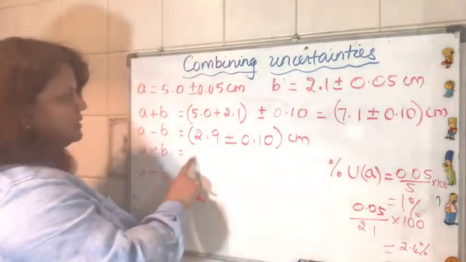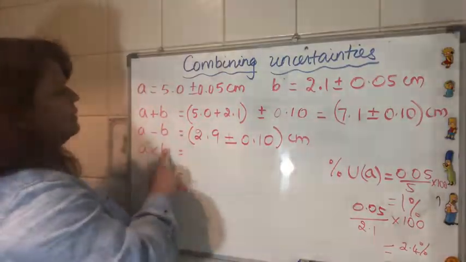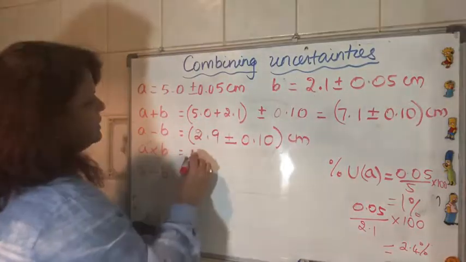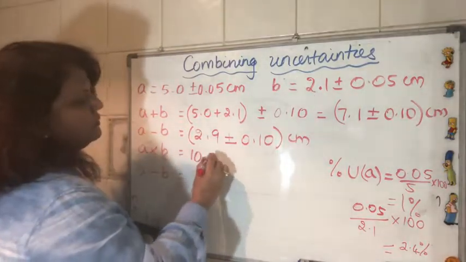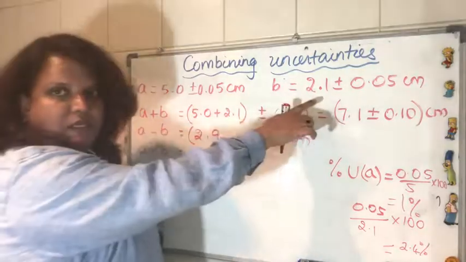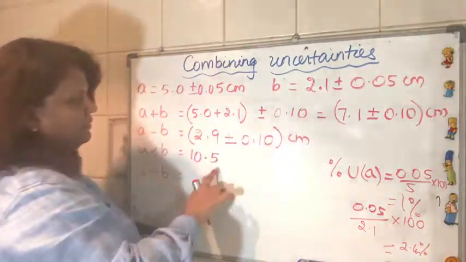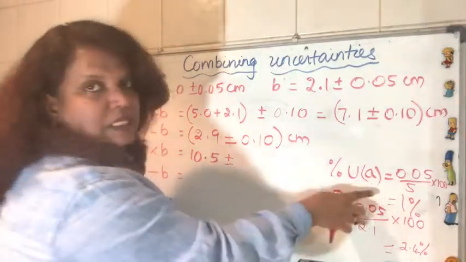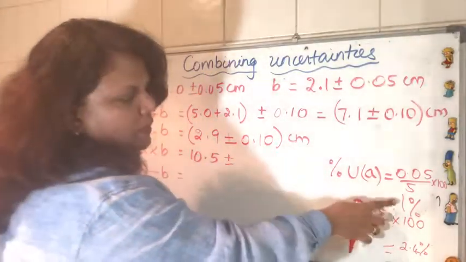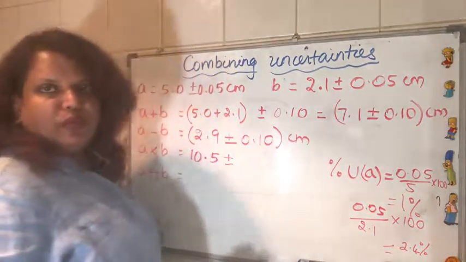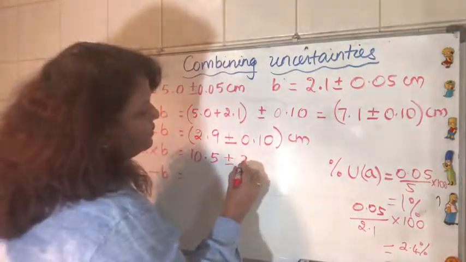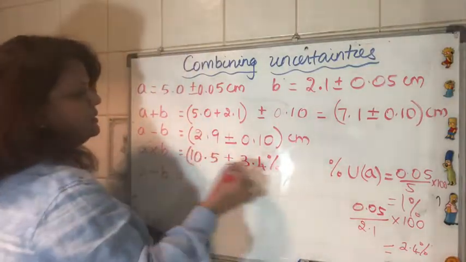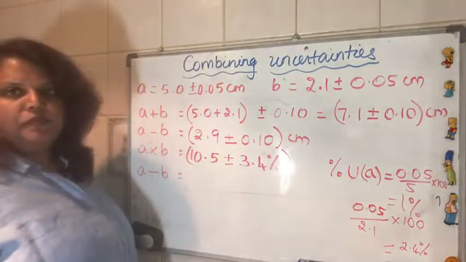So how do we express this? What you have to do, A multiplied by B, so 5 multiplied by 2.1, you will get 10.5, right? Plus or minus, you have to add the percentage uncertainties. So 1% plus 2.4%, you will get 3.4% as your uncertainty in this reading. Getting it?